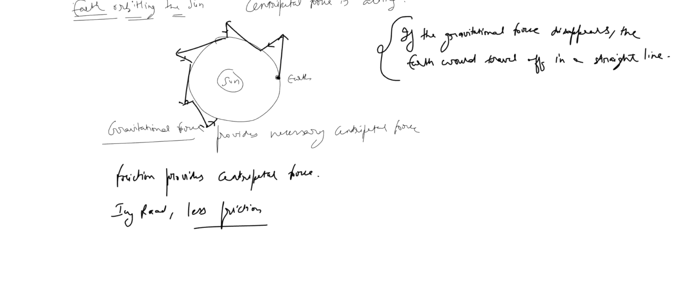Similarly in this case, when the driver tries to take a turn or turn the steering wheel and there is no frictional force, the car will continue in a straight line. Is it fine?